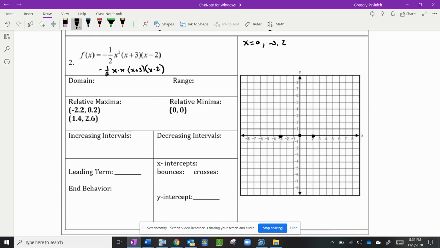It definitely looks like it's going to bounce at 0, 0, and cross at negative 3, 0, and 2, 0. My y-intercept is going to be 0, 0, since that's the same as the x-intercept.